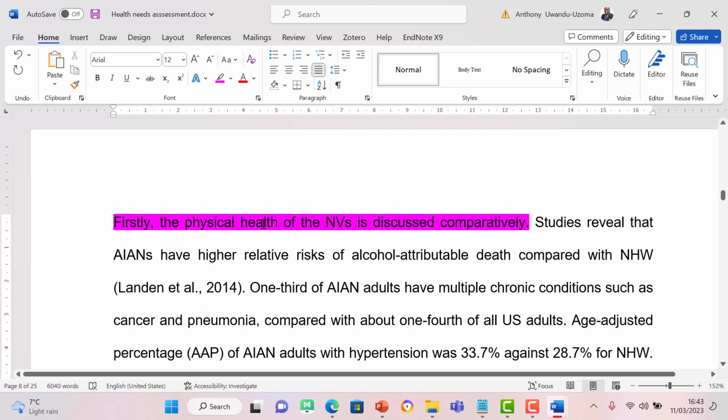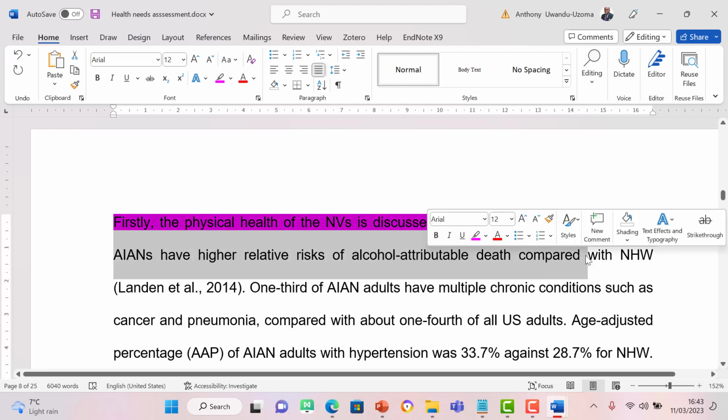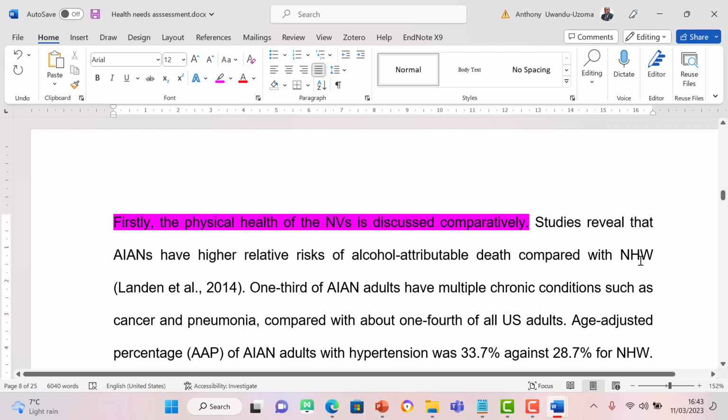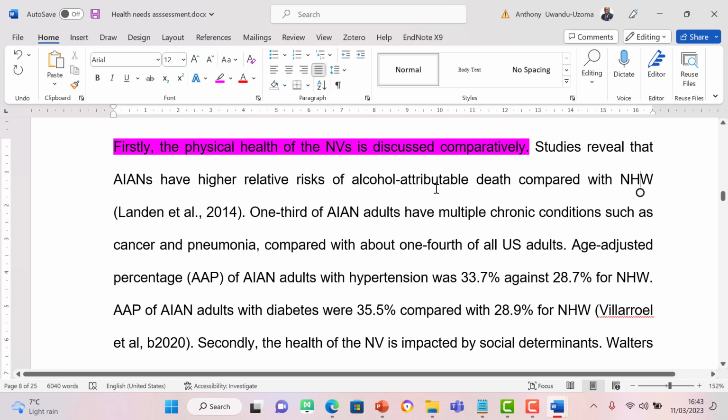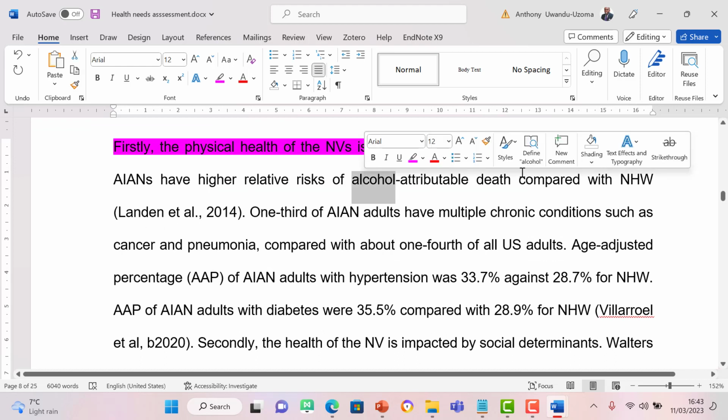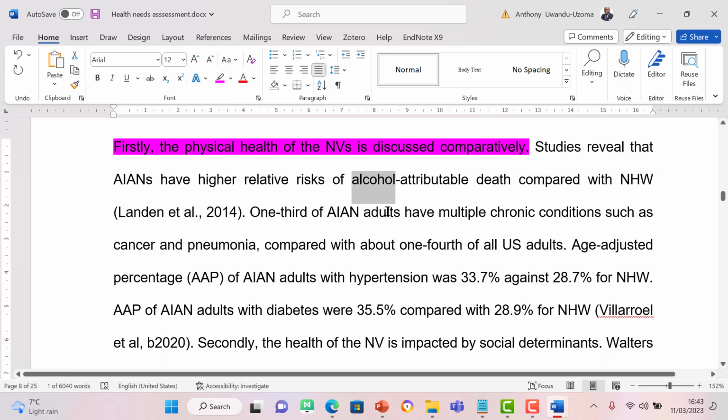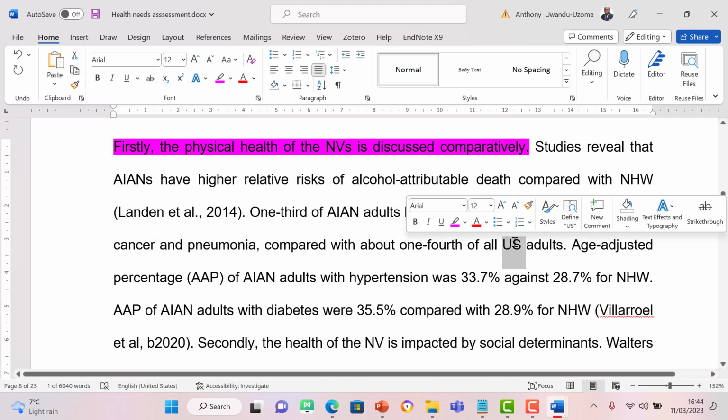Now, it says studies reveal that this population group has a higher relative risk of alcohol attributable deaths compared to the general population, right? So you can see alcohol is here. Now, one third of these adults have multiple chronic conditions, such as what? Are you seeing? Cancer and pneumonia, compared to the general population.